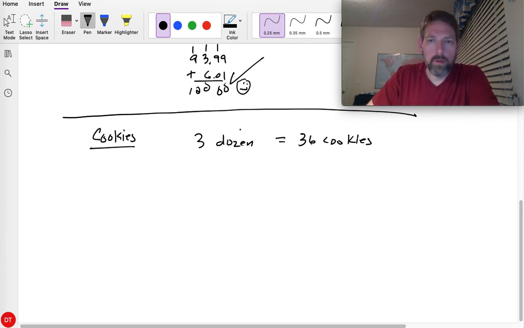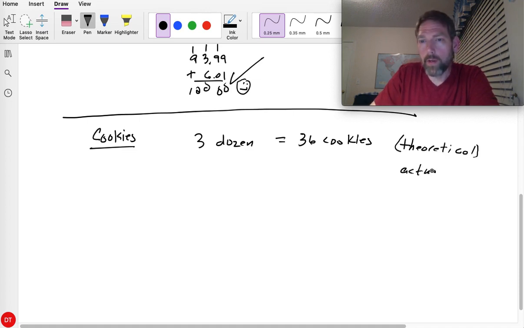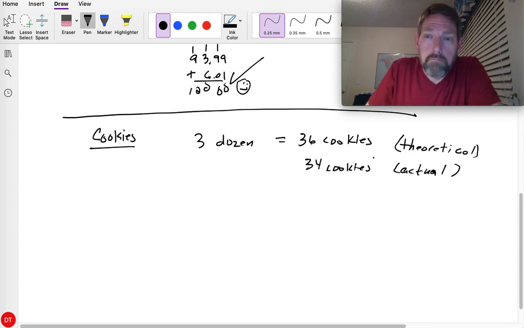So this is your theoretical. If you follow the recipe correctly, then theoretically you should make 36. But in all actuality, when you're done, you make 34 cookies. It was mostly good, but you obviously have some error because you didn't make 36.